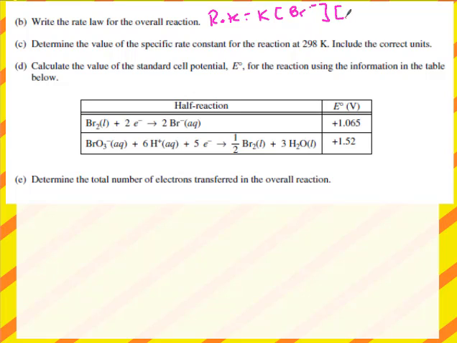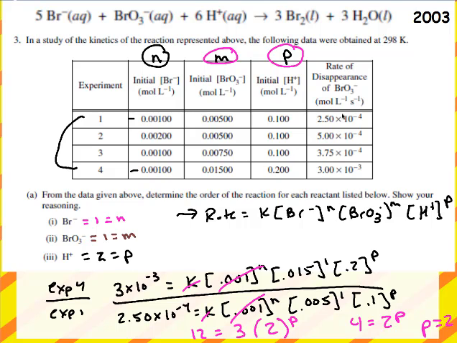Make sure that you have charges on the things that should have charges. For your rate constant, you could have picked any experiment. I just used this first one.